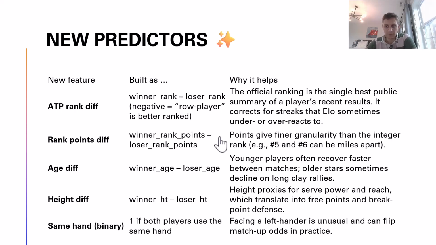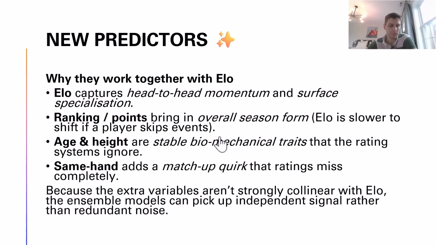And yeah, sometimes the stars decline on long clay rallies. The difference in terms of height proxies for serve power and reach, it can translate into points and breakpoint defense. Same hand in this case is not going to apply because they are both right-handed players.